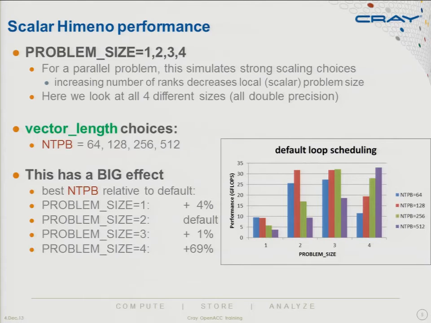Well, with problem size 2, 128 was best, so I can't improve. With problem size 1, if I chose 64, I get 4% improvement. Not very much, probably not worth bothering with. For problem size 3, 256 is 1% better. But for problem size 4, I can gain 69% by increasing the number of threads per block. That's worth doing.